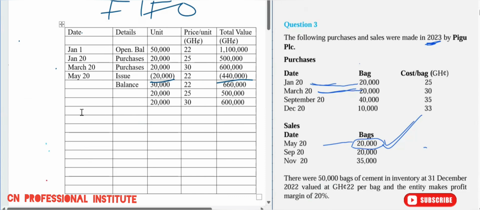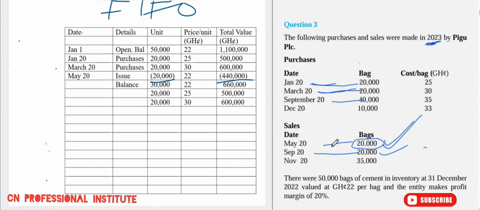Then I am sure that we had another purchase. So let's go to September. If you come here, September 20, we purchased. And September 22, we sold. So which one do you treat first? Should we do the issue first before the purchase, or the purchase before the issue? Well, it's the same thing. I think for FIFO, the impact will be the same, right?